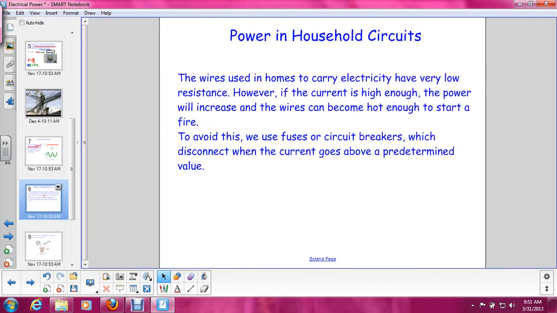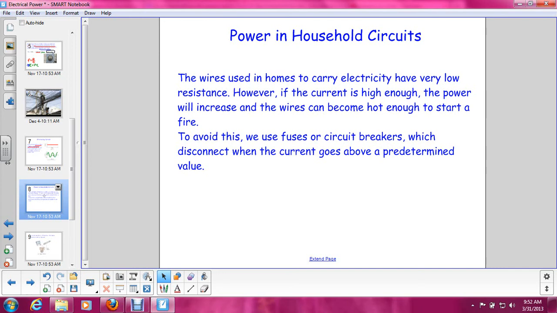Now, wires in our homes have very, very low resistance, right? Copper is a good conductor. It does not resist the flow of electricity a whole lot, so the current can just flow through it pretty easily. But if you have too much current flowing through that wire, it can get very, very hot. If it gets hot enough, it can start a fire, which is no bueno.